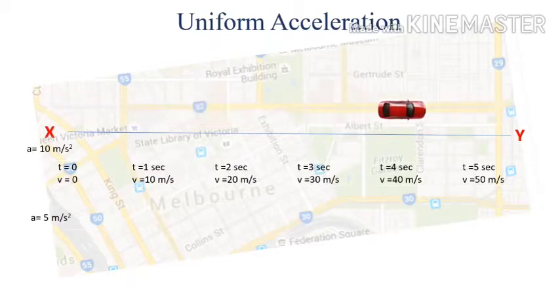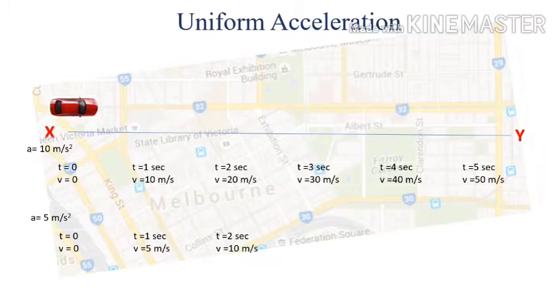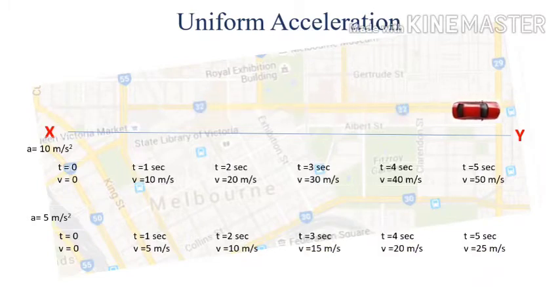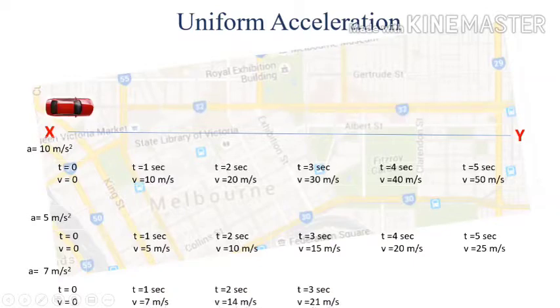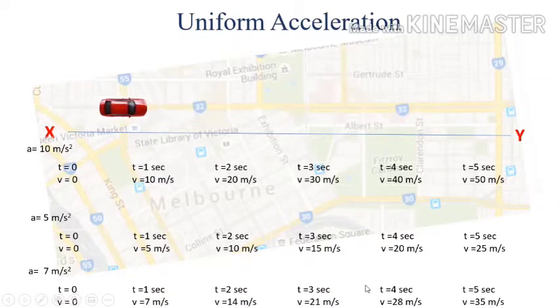Similarly, if acceleration is 5 meters per second squared, at time t equal to 0 velocity is 0. Subsequently, velocity will increase in multiples of 5, that is 5, 10, 15, 20 and 25. Similarly, if acceleration is 7 meters per second squared, the velocity will increase in multiples of 7, that is 7, 14, 21, 28. That means here change in velocity is constant in every case.